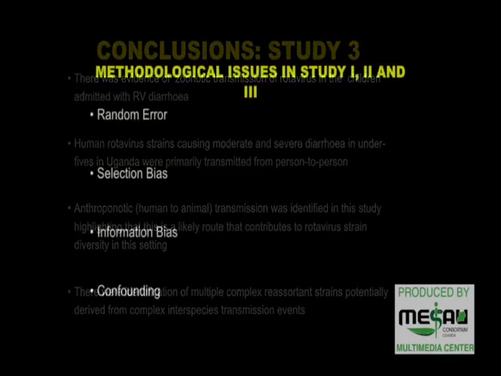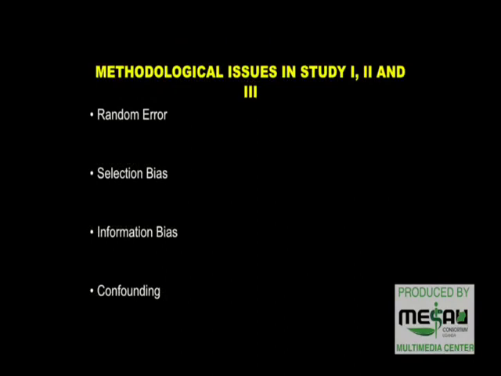So what are the methodological issues we had in our study? For the random error, we tried to calculate the sample size for each of the samples before we did the study to be able to minimize random error.